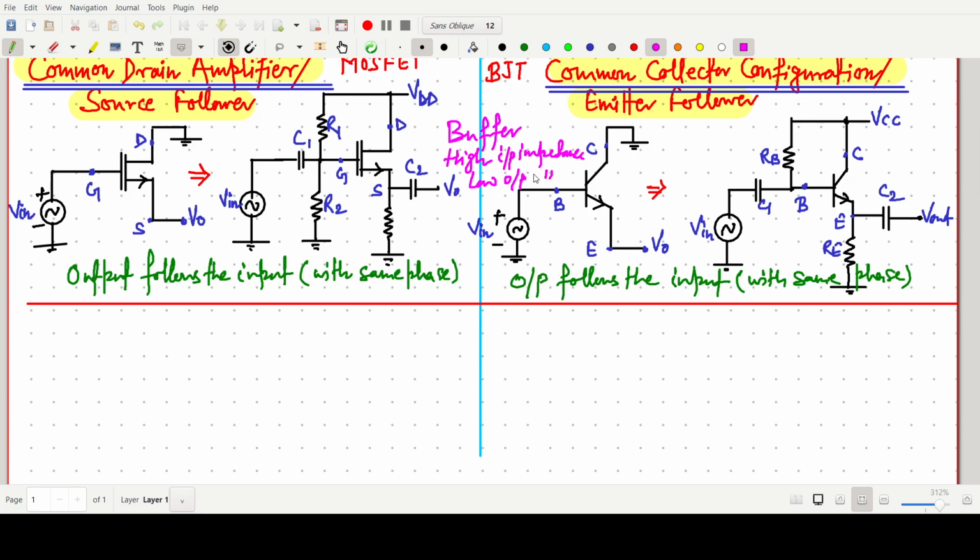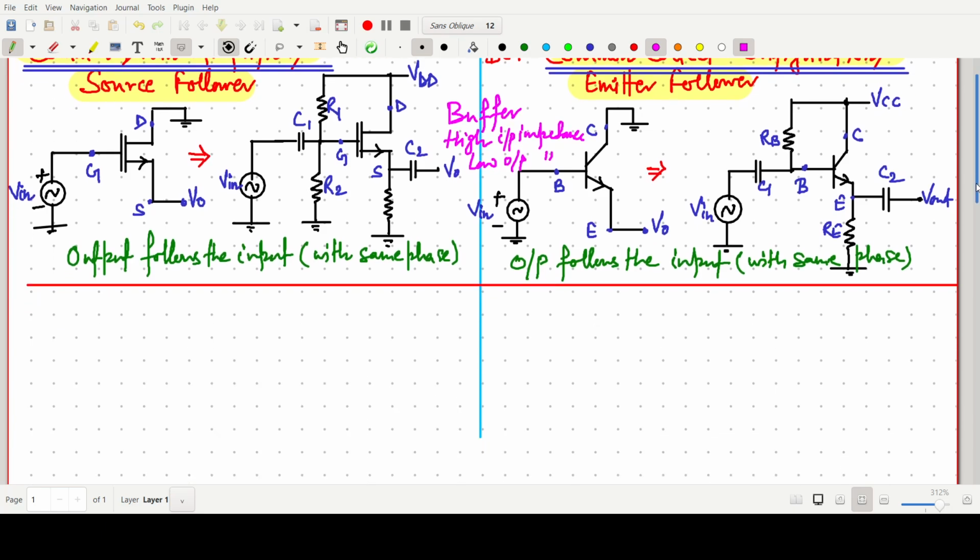Both having common features like buffer, high input impedance, low output impedance. Now we will discuss the gain, how to find out the voltage gain and impedance.